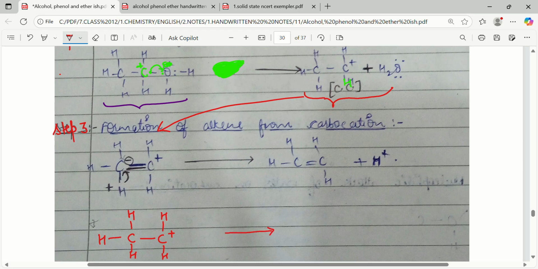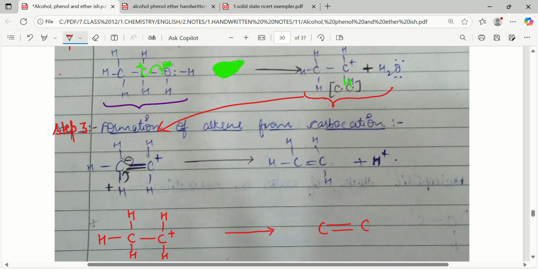And Nikita, now see, we have just reached the last step, and we know that we are just doing the reaction of alcohol to alkene. So definitely alkene will be formed in the product, right? Yes. And alkene is nothing but a double bond between two carbons.